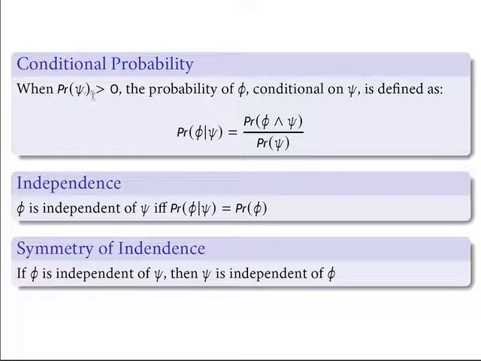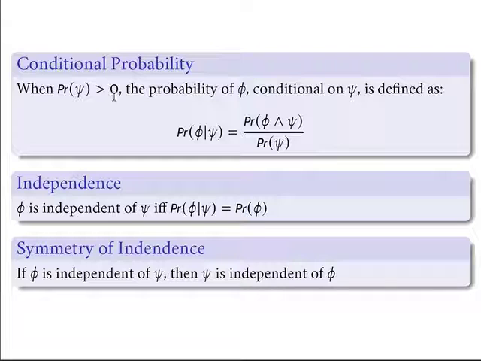And the definition of conditional probability requires that the probability of psi is greater than 0, because we understand the probability of phi given psi as a fraction where the probability of psi is on the bottom. And a fraction, as we know from simple mathematics, is undefined when the denominator is 0.